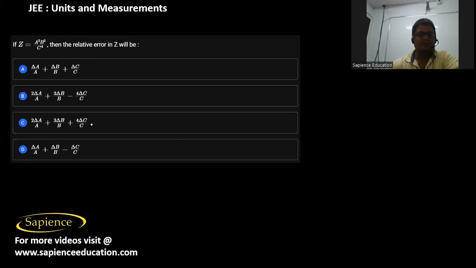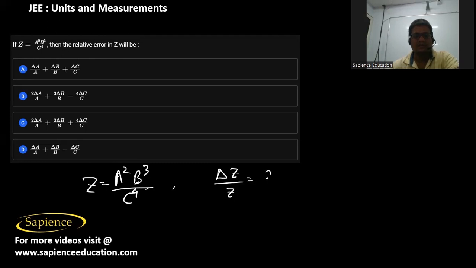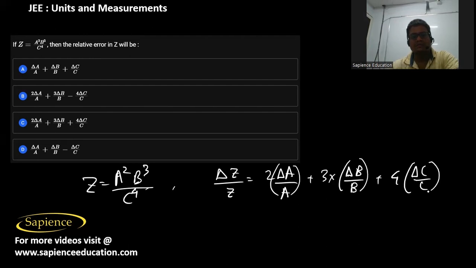Here it is told if z equals a square b cube by c power 4, then the relative error in z will be. Now relative error in z means delta z by z. So that will be equal to 2 delta a by a, which is twice the relative error in a, plus 3 times the relative error in b, plus 4 times the relative error in c. So 2 delta a by a plus 3 delta b by b plus 4 delta c by c.